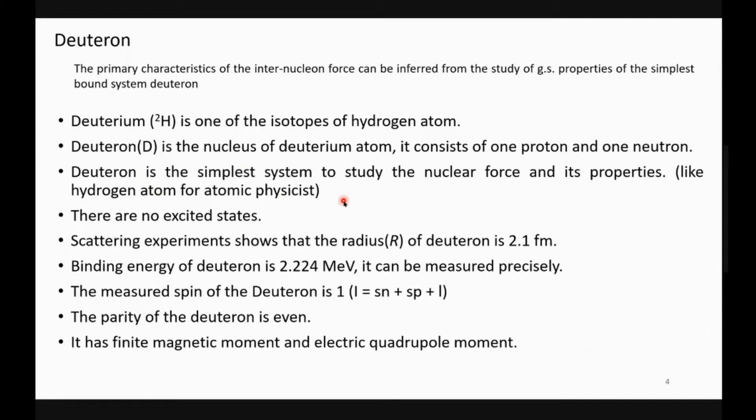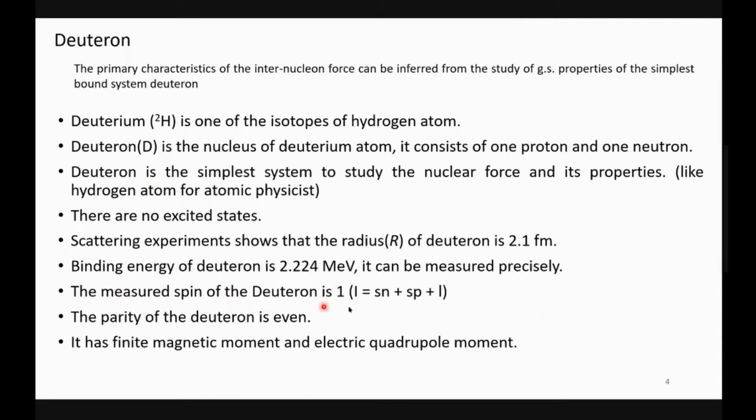It has no excited states, and the experimental observation regarding its size reveals that it has a radius of the order of about 2.1 Fermi. The measured binding energy of the deuteron is 2.224 MeV, and this value can be measured precisely using different ways. And the measured spin of the deuteron is 1.